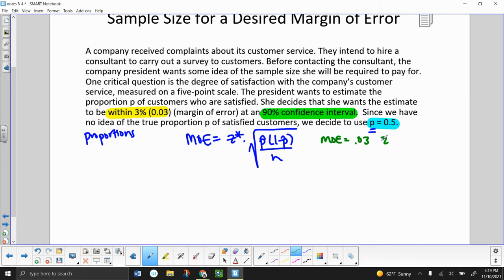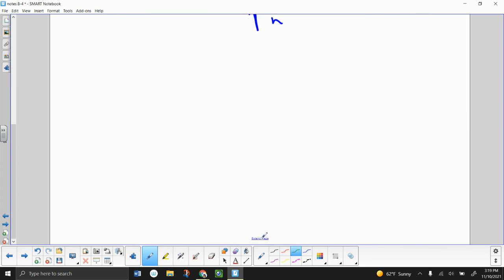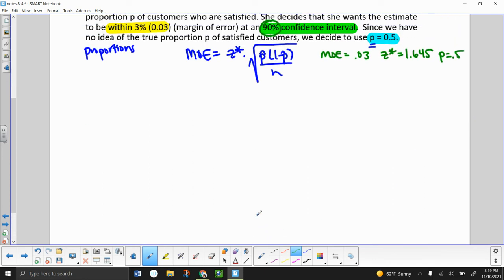We're not given Z star, but we can get Z star from the 90% confidence interval, so that's going to be 1.645. And they tell us to use P of 0.5. So plugging into the formula, I have 0.03 equals 1.645 times the square root of 0.5 times 1 minus 0.5 over N.